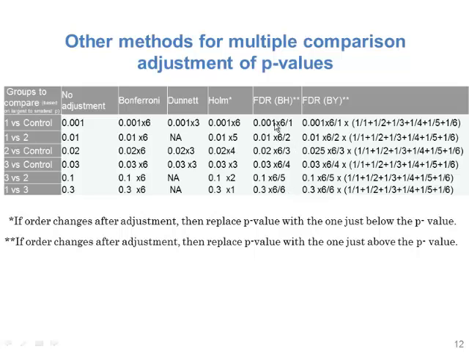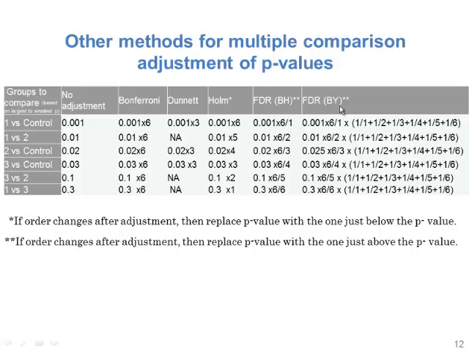In that case, the FDR-BH method is similar to the Holm method, although the adjustment for the p-values between the largest and smallest is slightly different. So that's the Benjamini-Hochberg method. You just change the denominator from 1, 2, 3, 4, 5, 6.